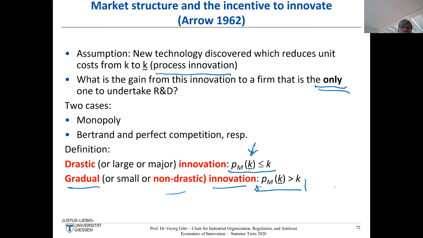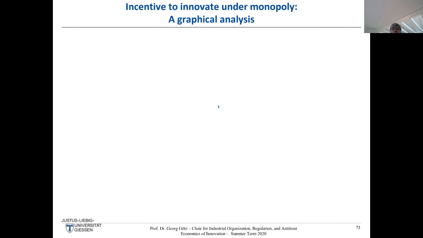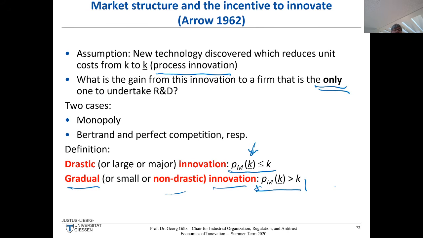So getting back to our formal analysis, we are now looking into how our model works, what the willingness to pay, what the gain from innovation is under monopoly and under competition from introducing a process innovation.